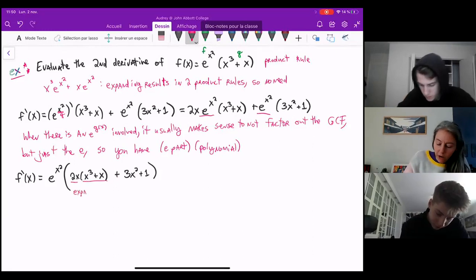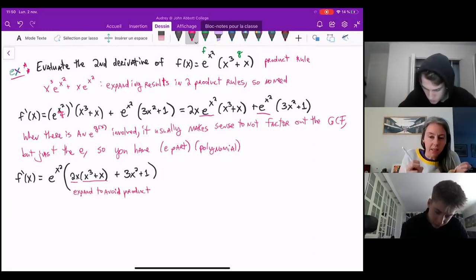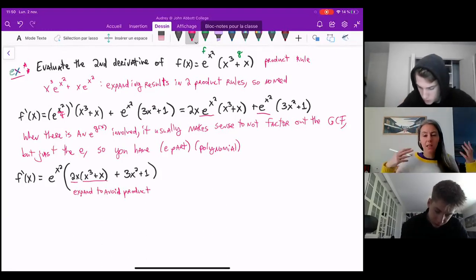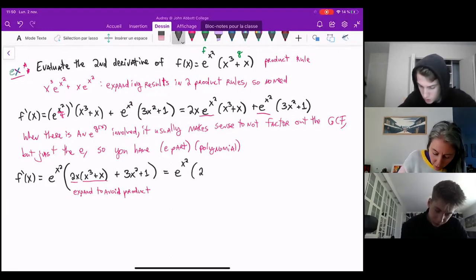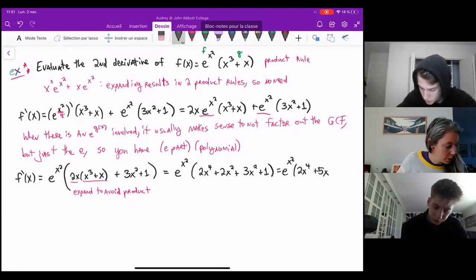Each time we're saying, look, it's only polynomial stuff, so expansion makes sense. But when it was e, the expansion didn't make sense. So here I have e to the x squared times 2x to the fourth plus 2x squared plus 3x squared plus 1. So I have 2x to the fourth plus 5x squared plus 1.